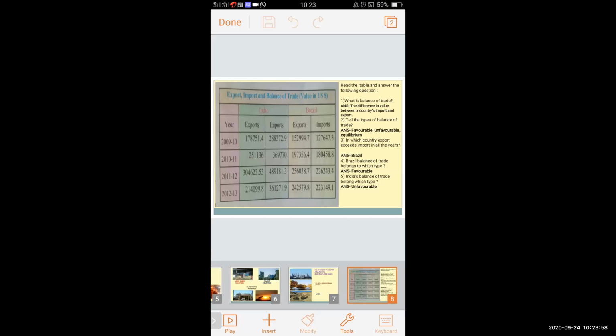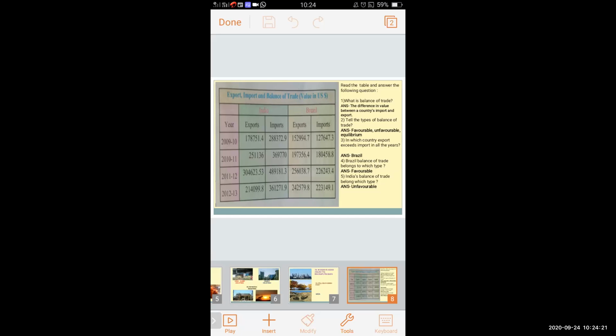Balance of trade means the difference in value between a country's import and export. There are three types of balance of trade: favorable, unfavorable, and equilibrium. Brazil is the country whose export exceeds import in all the years.